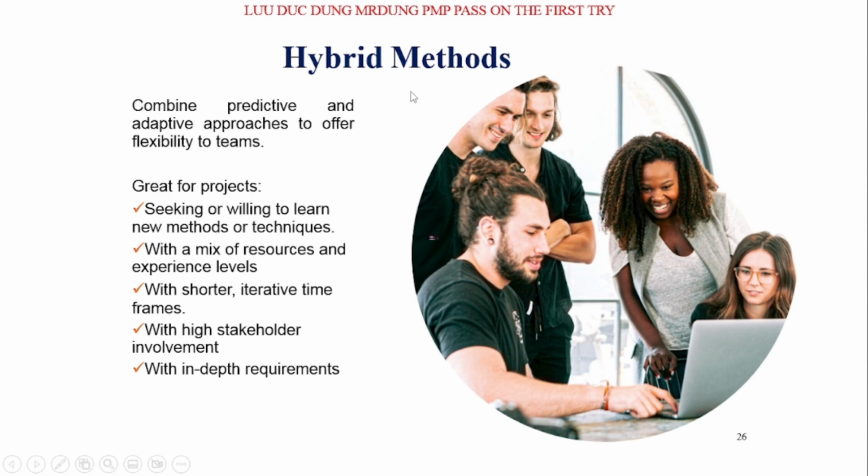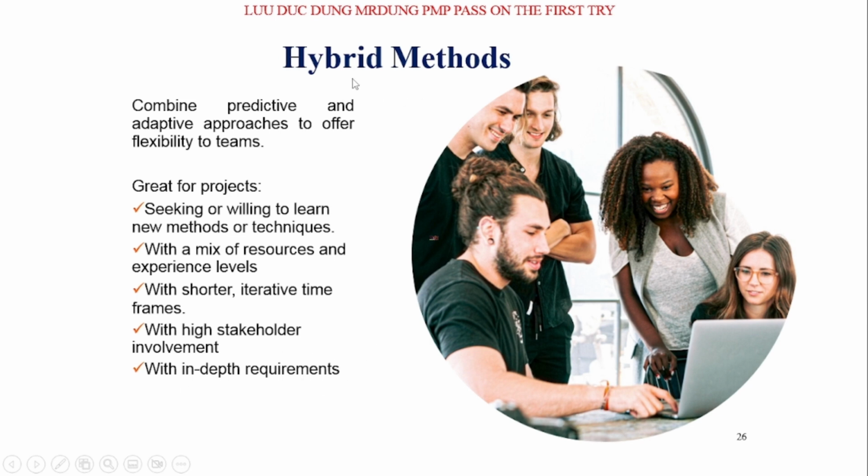Hybrid method combines predictive and adaptive approaches to offer flexibility to teams, for projects with a mix of resource and experience levels, seeking or willing to learn new methods or techniques, with shorter iterative time frames, higher stakeholder involvement, and in-depth requirements.